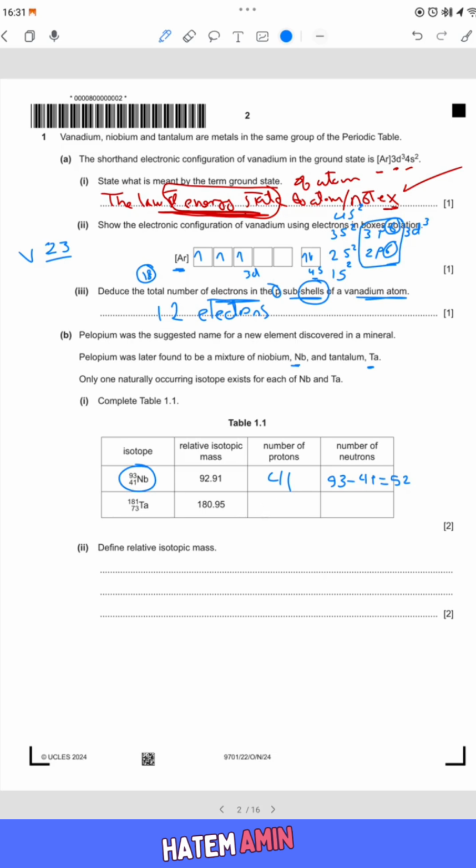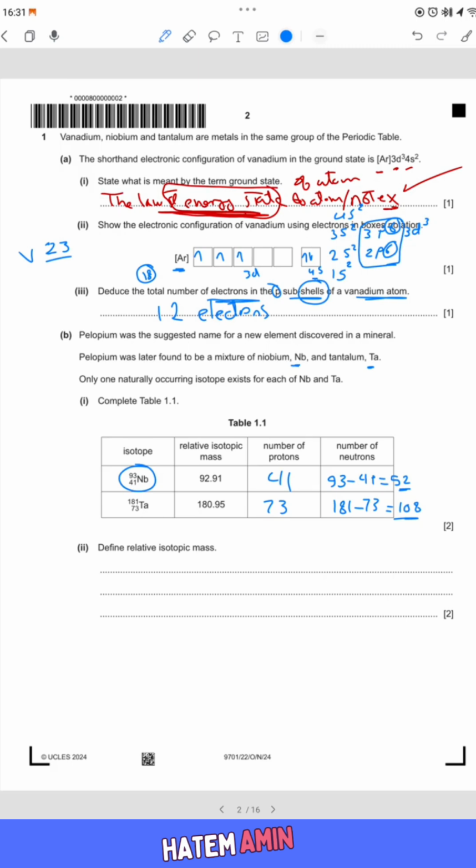Tantalum is 73, and here 181 minus 73 equals 108. Here we have 52 neutrons, and here 108 neutrons.